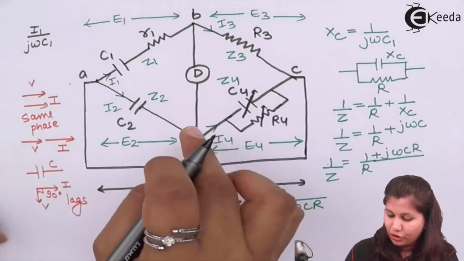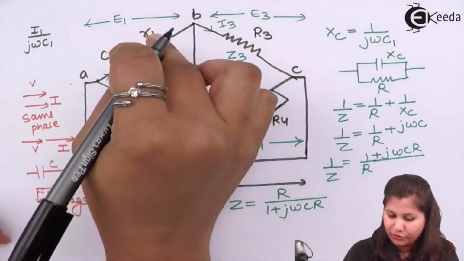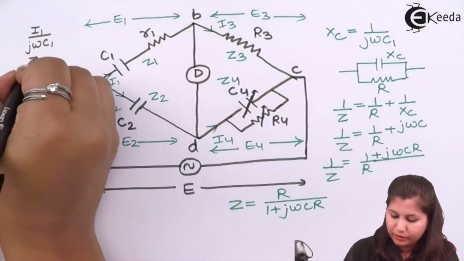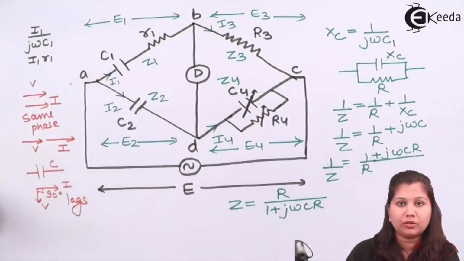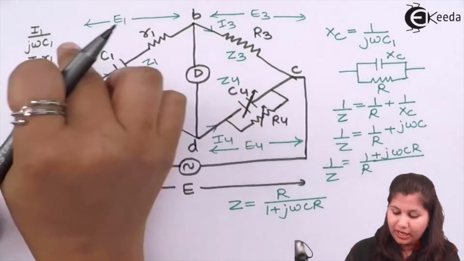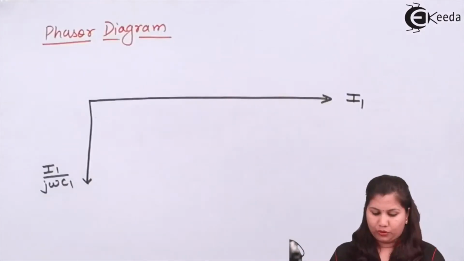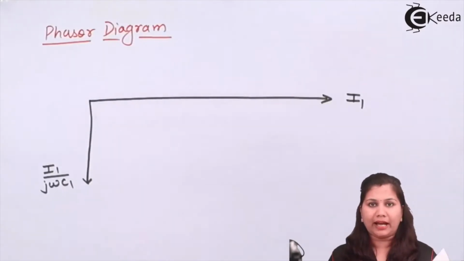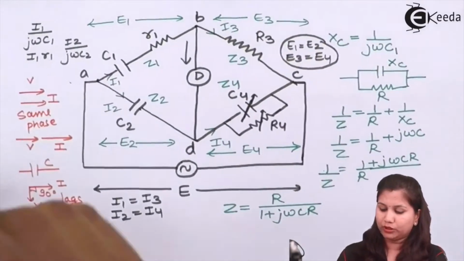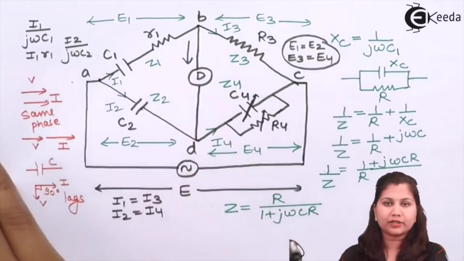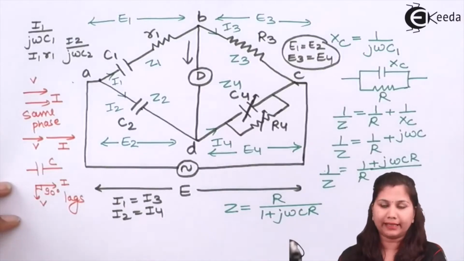And if we talk about the resistance, the voltage is I1 small r1. Okay, so the voltage and the current will be in the same phase with each other. So in the first arm we are having the capacitance, and the voltage across this capacitance is going to lag the current by 90 degrees.